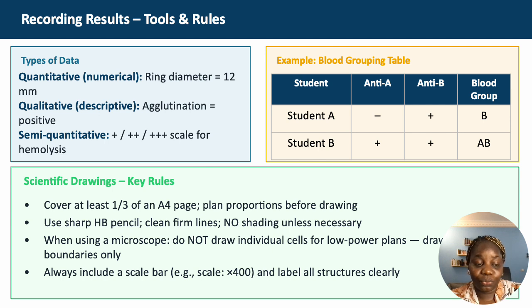When you use a microscope, do not draw individual cells for low power plans. Draw boundaries only, and always include a scale bar. Always a scale bar, and label all the structures very clearly, at least on the first drawing, the control, so that for the rest we have a marker, something to compare with, and we know exactly what is done.